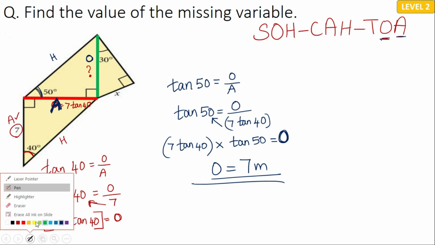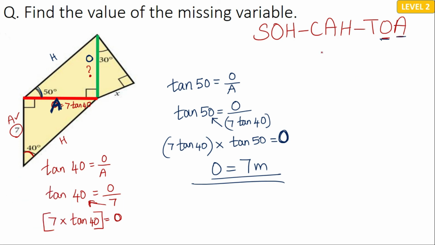Okay. And now reaching the final triangle where you have the missing variable x. So this is the 90 degree, you have 30 here, and this is 7 that you have already found.